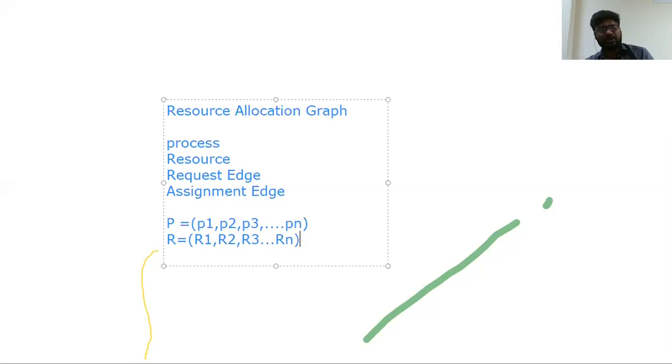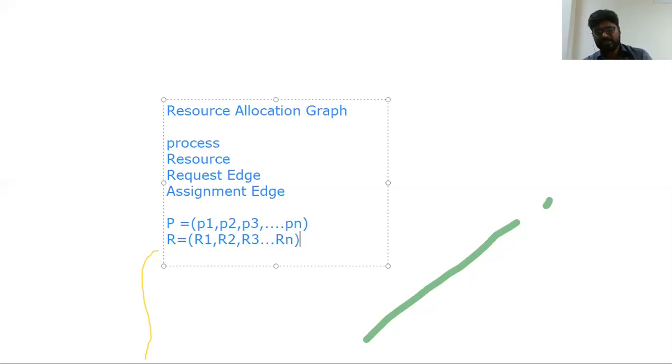So process is represented by P1, P2, up to Pn, and resource is represented like R1, R2, R3, up to Rn.